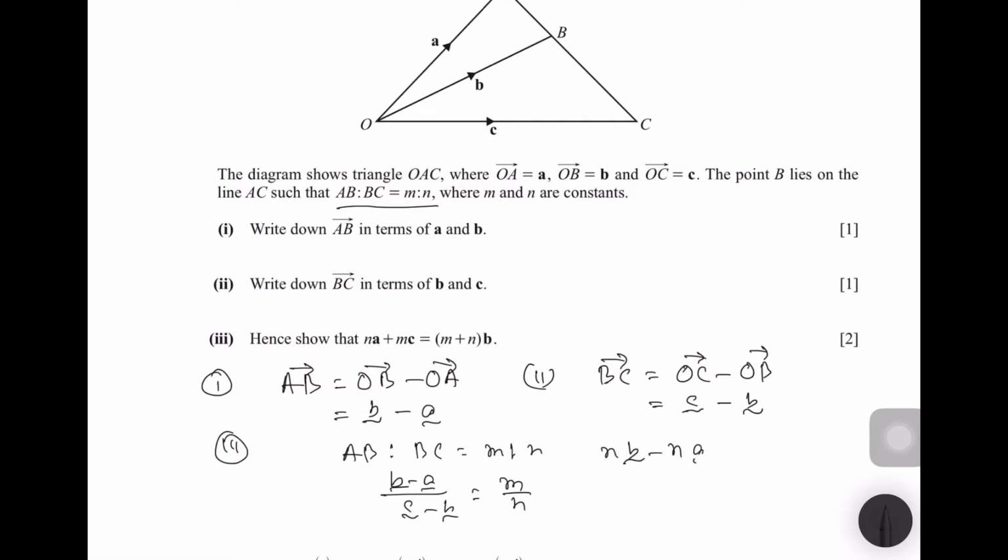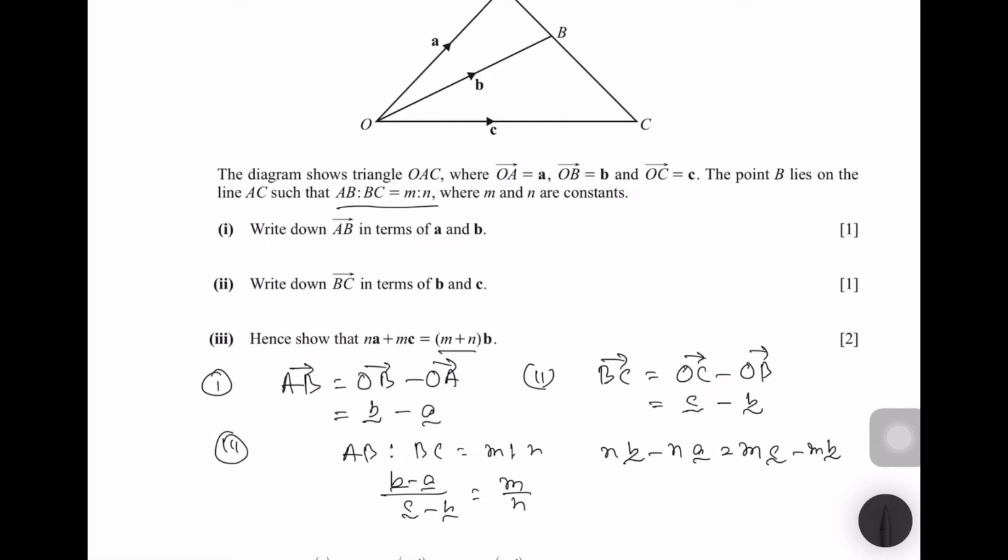NB minus NA equals MC minus MB. Since we are going to prove in that way, let me write all the B's together in one side and A and C in another side.